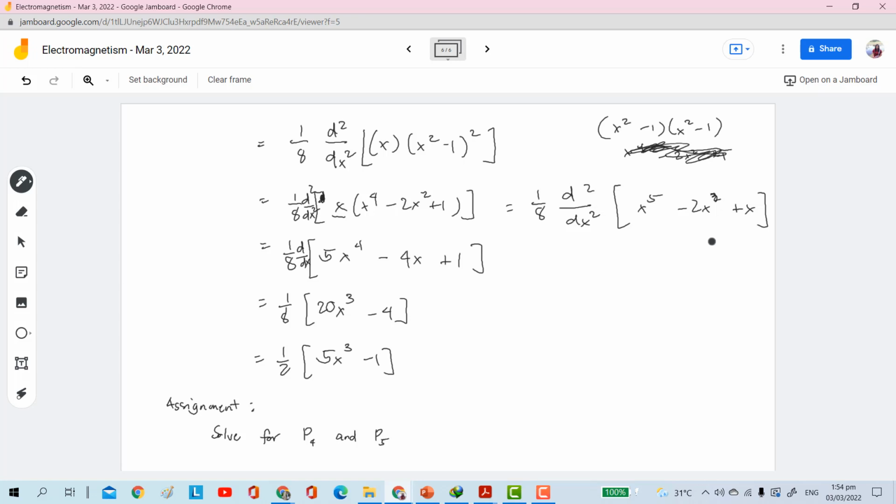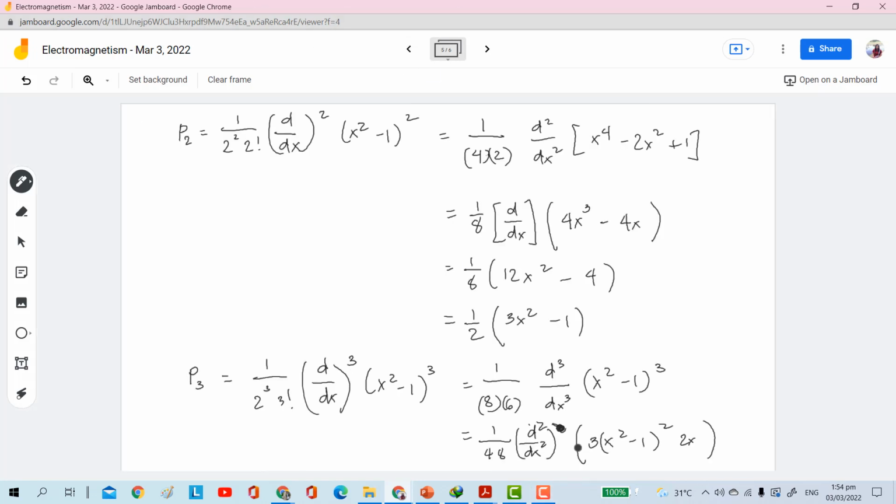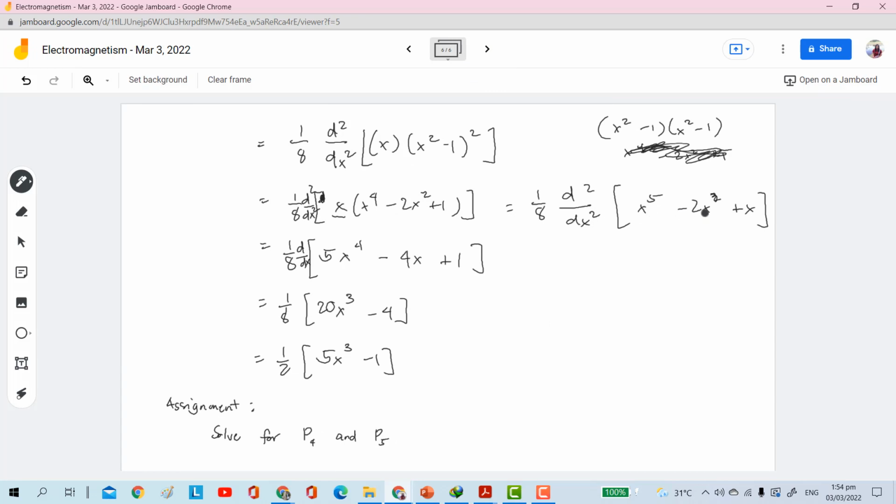So you have here 1 over 8. So this is minus 2x cubed. So this is not 4. Instead, this is 6. So 5x to the fourth minus 6x squared plus 1.